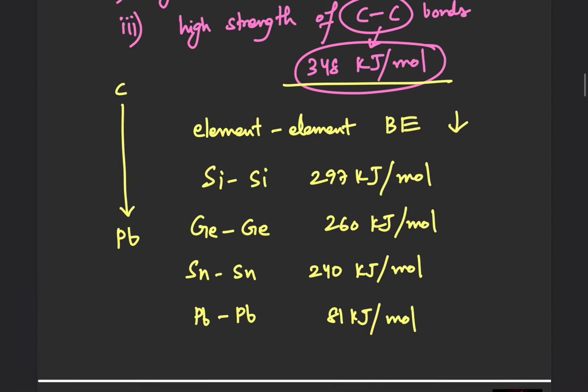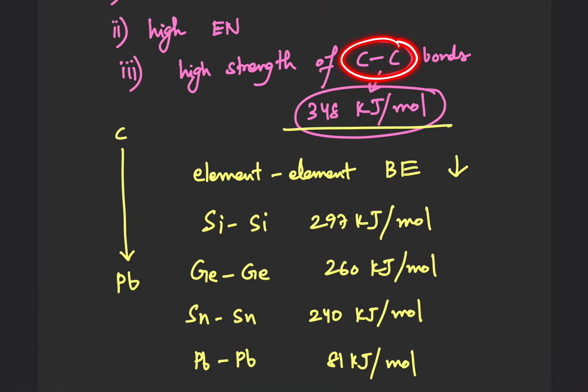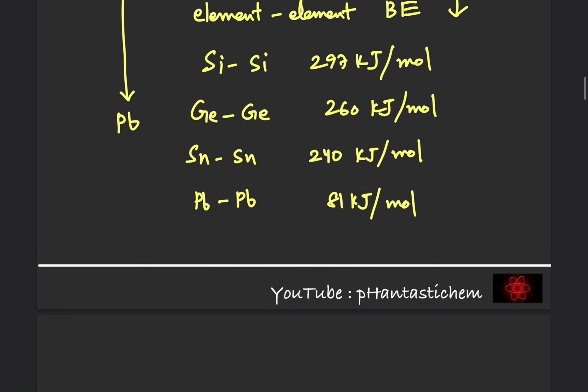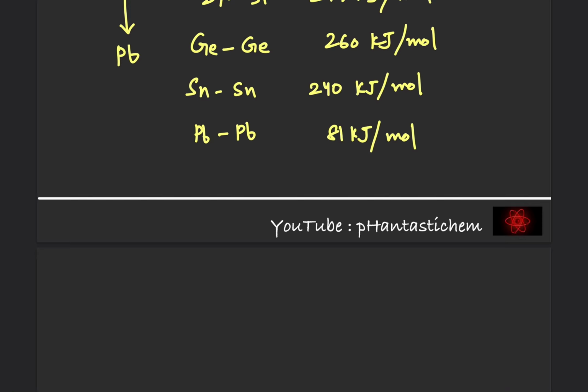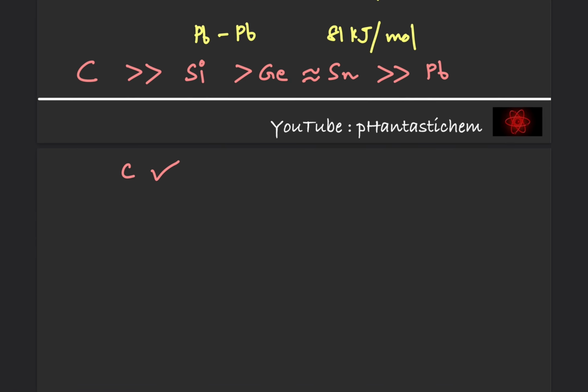So you can see the bonds that carbon forms with itself are the strongest, and hence it forms very stable compounds, and therefore it shows extensive ability of catenation. Okay, so therefore catenation, because of these values, decreases in the order carbon, which is very high, compared to silicon, which is higher than germanium, which has approximately similar ability compared to tin, which has very high ability compared to lead. So therefore statement C is correct.